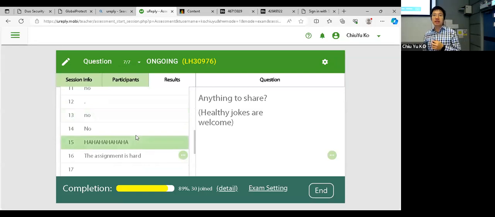The assignment is hard. Not sure it's hard, because it's just applying the example. So it's testing how well you know it. As I said, the TA cannot give you how to do it, but he is able to point out what you can look at, and you can simply ask. I also advise you to talk to your classmates as a peer.